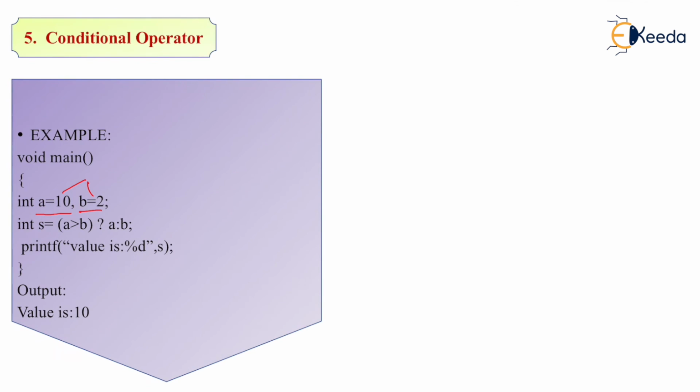Now, int S is equal to A is greater than B, question mark A, colon B. So what happens if the value of A is greater than B? We are comparing whether 10 is greater than 2. That is true, so the expression A, the true statement, will get stored in S. So you will get the output as value is 10.